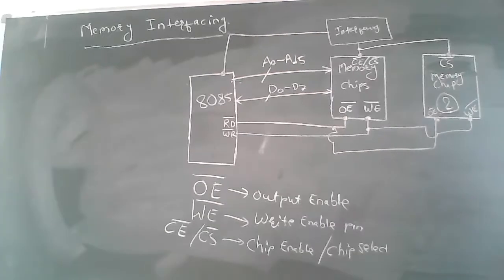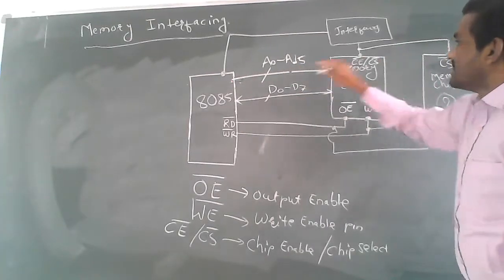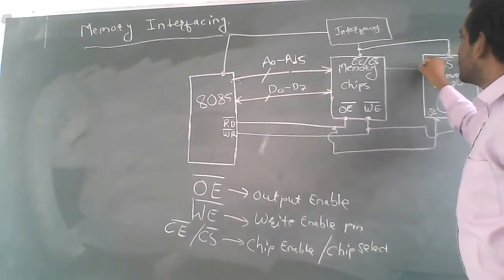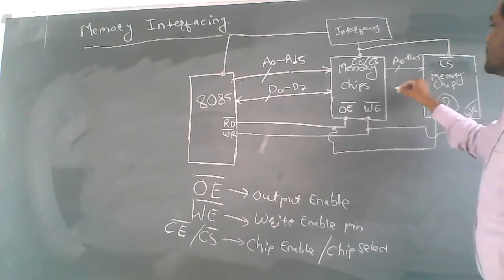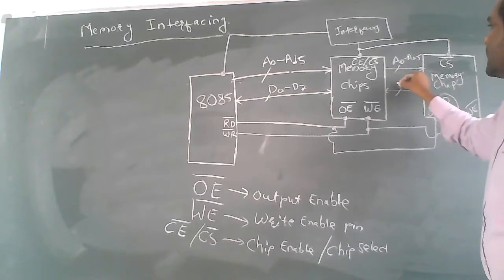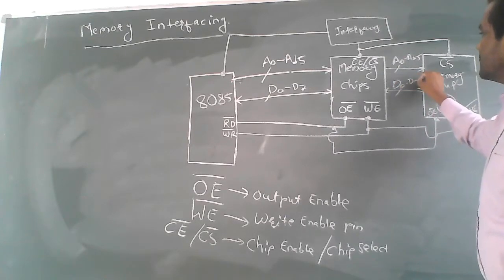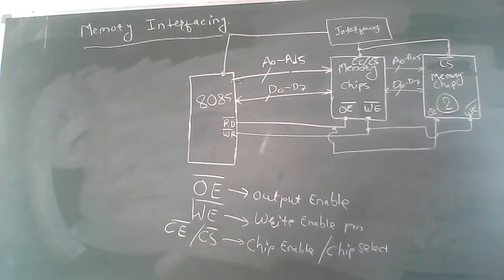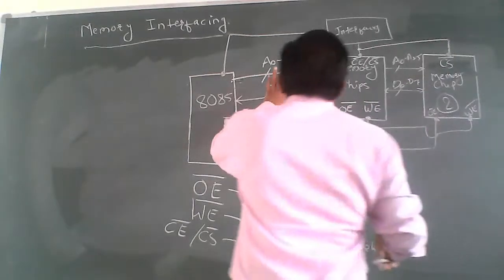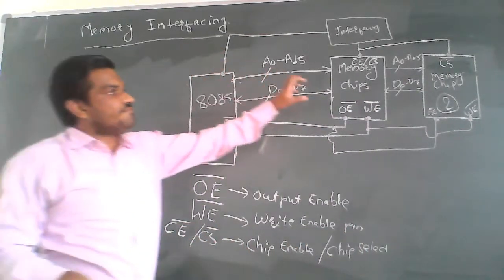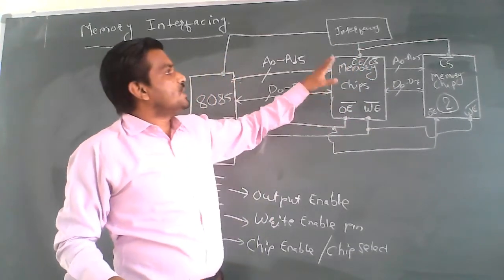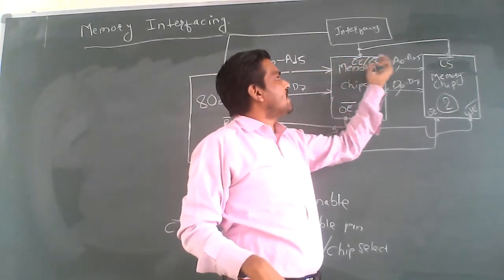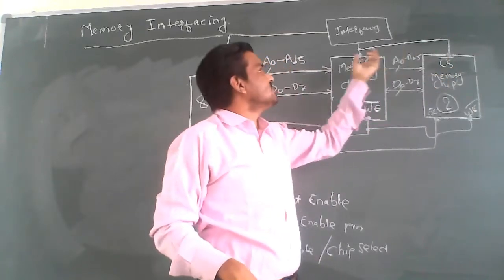Also the same 8085 address lines are connected to my other chip, and my data lines are again connected with the other chip. So remember here, if we have multiple memory chips, we are going to use this CS bar or CE bar logic. CS bar and CE bar.